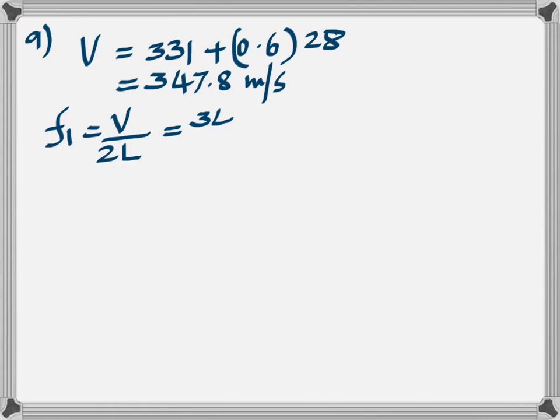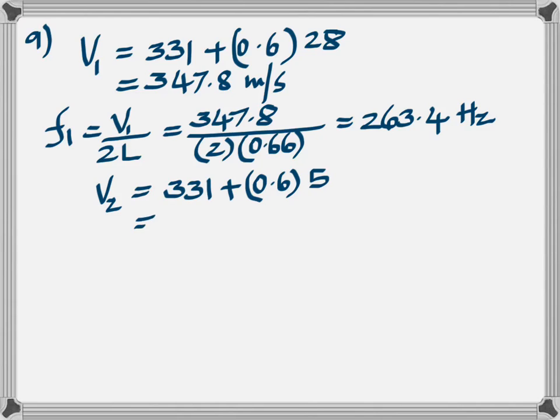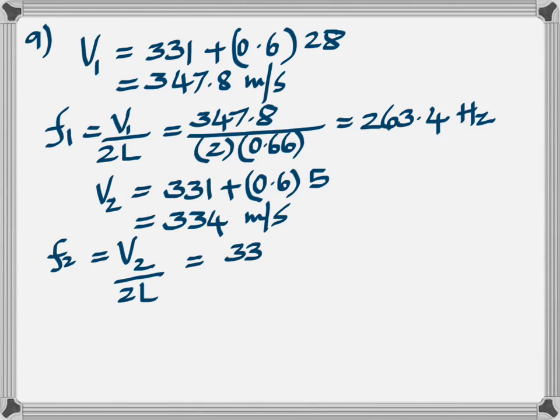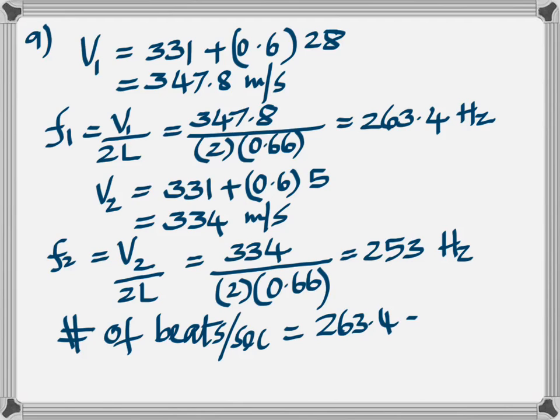So since it's an open pipe, it's V by 2L: velocity divided by twice the length is the frequency. Now at the second temperature, this is the speed, and find the fundamental corresponding to that one. You get 253, and the number of beats in 1 second is the difference between the frequencies. Therefore, it's approximately 10 beats per second between these two.